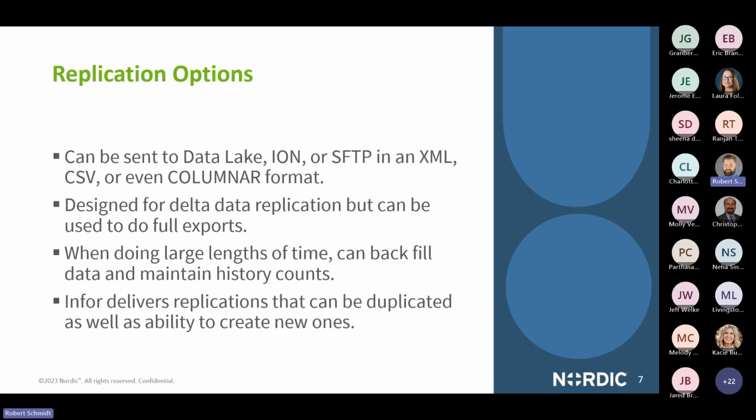Keeping in mind, full exports can give you a lot of data. So I do have some abilities to look back into history and backfill based off of how much data I'm trying to pull. And then Infor does deliver a set of replications both for the GHR side as well as the FSM side.